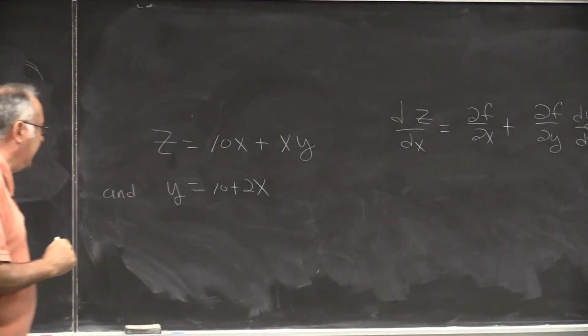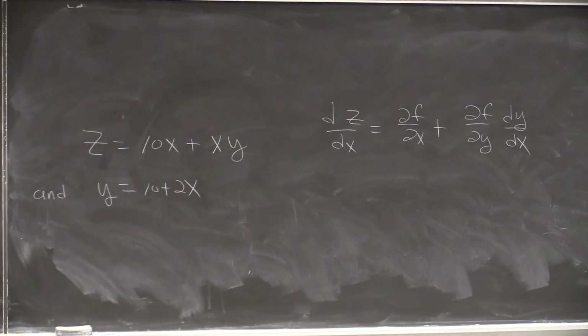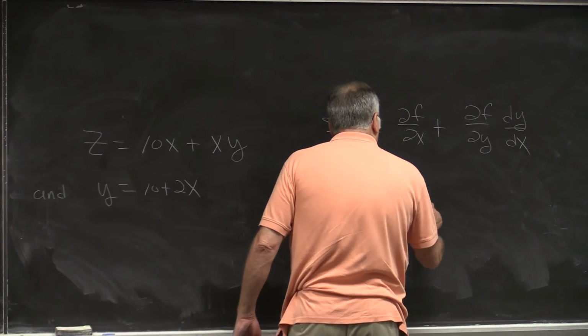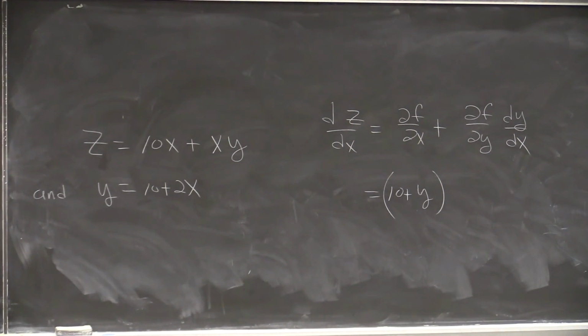Now in this case, what is partial f, partial x? 10 plus y. So you substitute that in here. Put parentheses around that. That's just partial f, partial x. Okay. What is partial f, partial y? x.